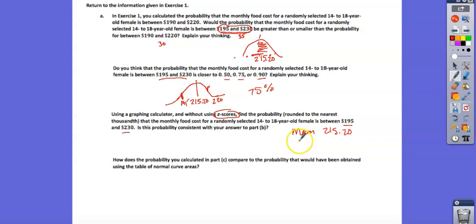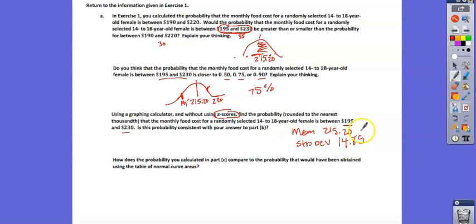And I believe they gave you the standard deviation in example 1. Let me go back and look really quick. This is the one with the 215 mean. Go all the way back, and the standard deviation is 14.85. You have to know that.